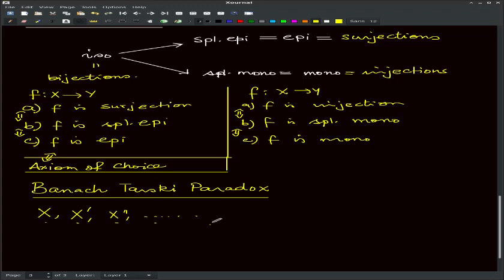The fact that you would be able to distinguish between these sets is exactly the axiom of choice.